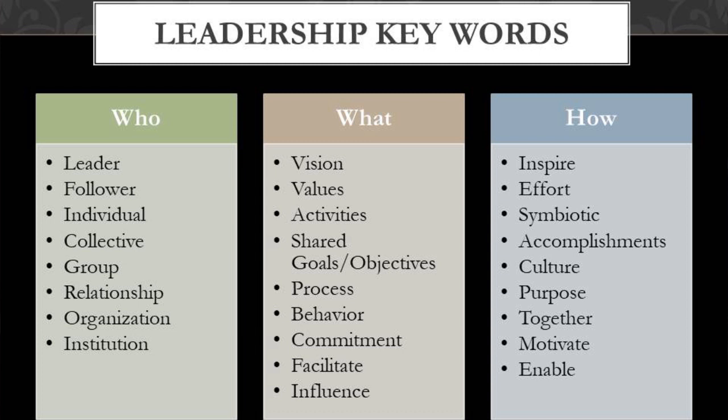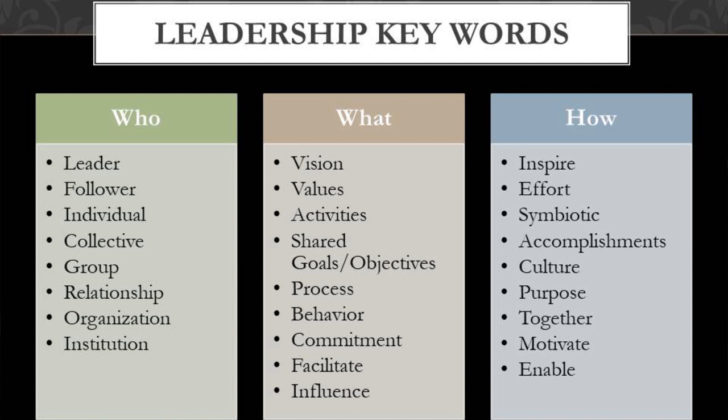Then you look at the what. We'll talk about some of these when we go through different leadership theories. These were what were cited in these particular definitions we looked at. Of course, there are many more definitions. But vision, values, activities, usually some shared goals, objectives. What are you trying to achieve as the organization, as the leader and follower?